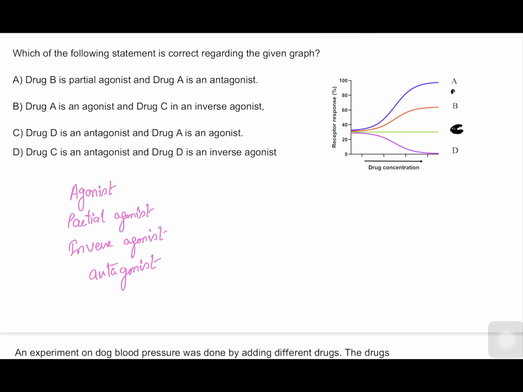So we have these four types of drugs mainly. Suppose I am taking a baseline, so this green one is my baseline.